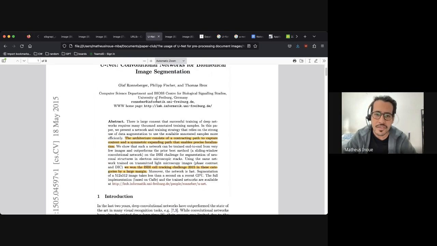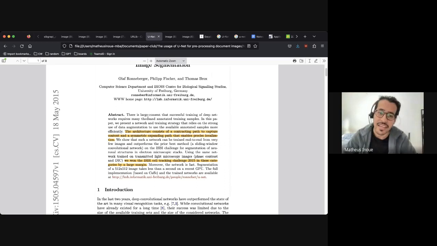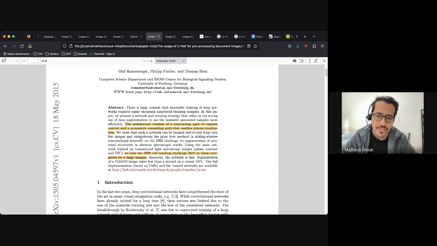So basically here on the abstract, they go into this architecture, the UNet, and they say, oh, this architecture consists of a contracting path to capture context and a symmetric expanding path that enables precise localization, right? So what does that mean? I'm going to explain later on, as they explain this stuff.